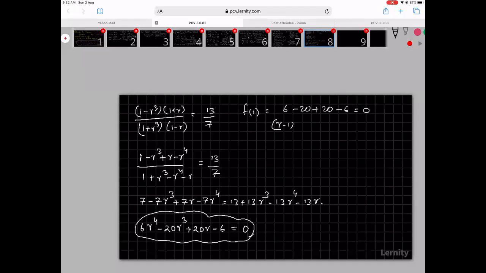Now let us see if minus 1 is a factor. For minus 1, this will become plus 6, this will become plus 20, this will become plus 20, this will become minus 20, minus 20, minus 6. So that is also equal to 0. So r minus 1 and r plus 1 are factors. So then you can factorize it and get the value.